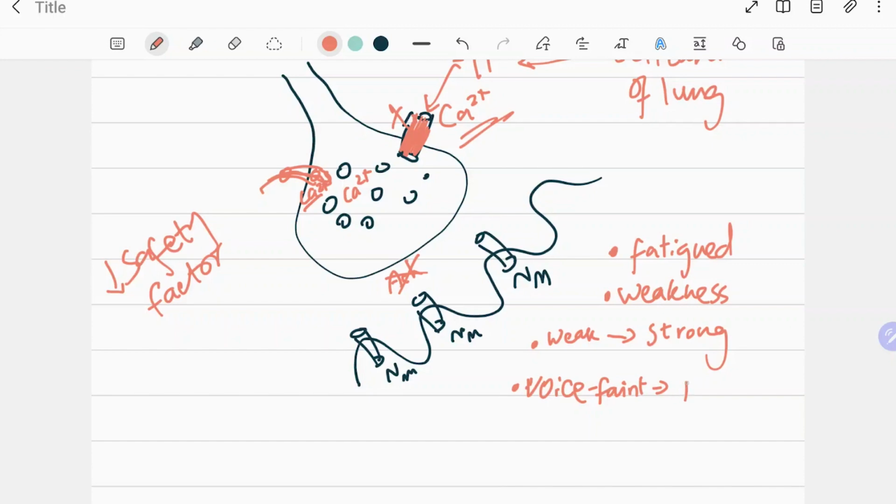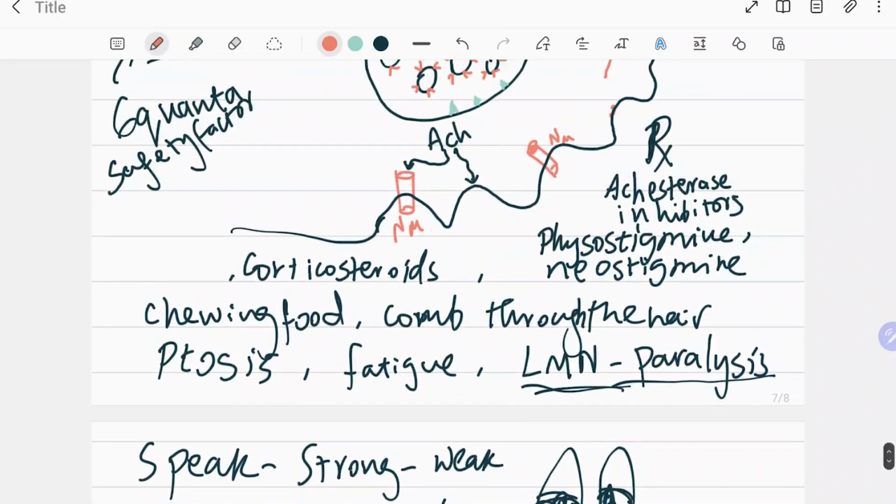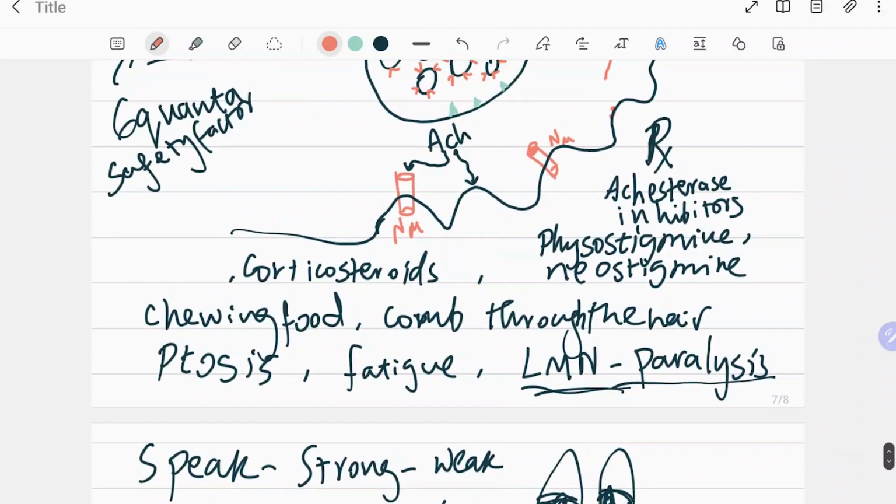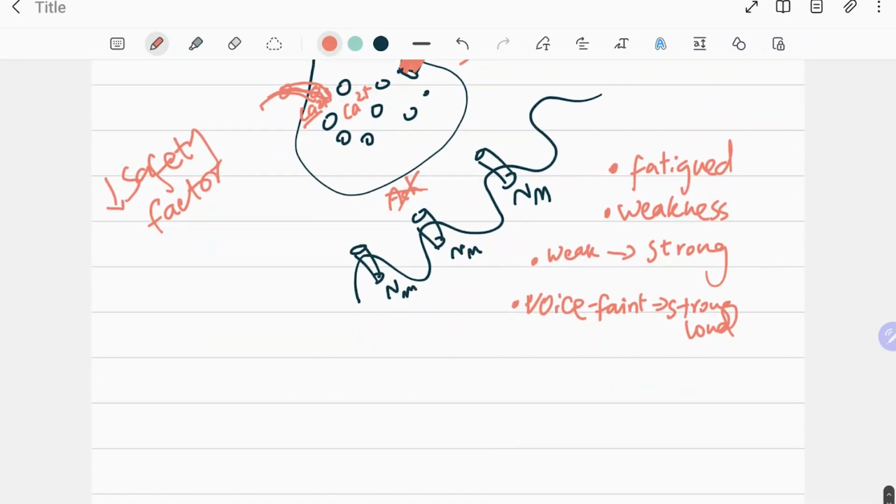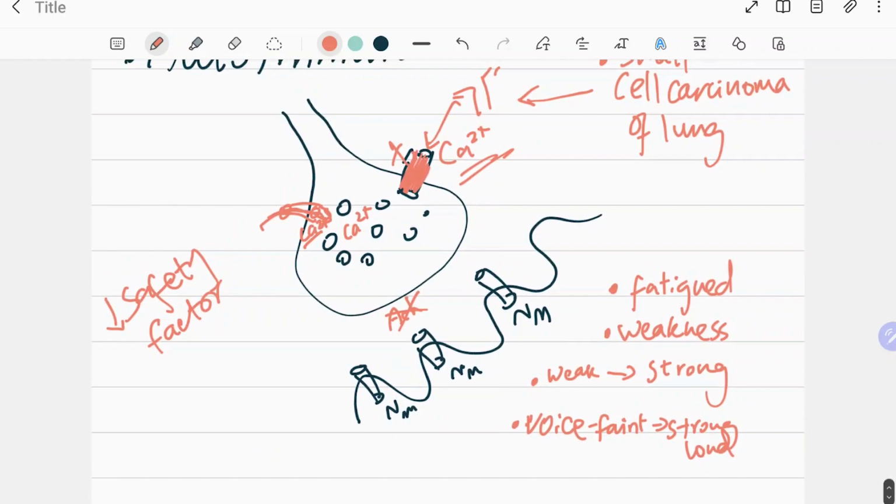So the voice goes from faint to strong or loud. So from soft to loud sounds. In myasthenia gravis, sometimes the person is speaking, and later he gets weaker and weaker and weaker. So the muscles, like the breathing, respiratory muscles, the diaphragm get weaker and weaker because of repeated movements when you're talking. And all these movements for talking also get affected. So again, you can get paralysis over here.